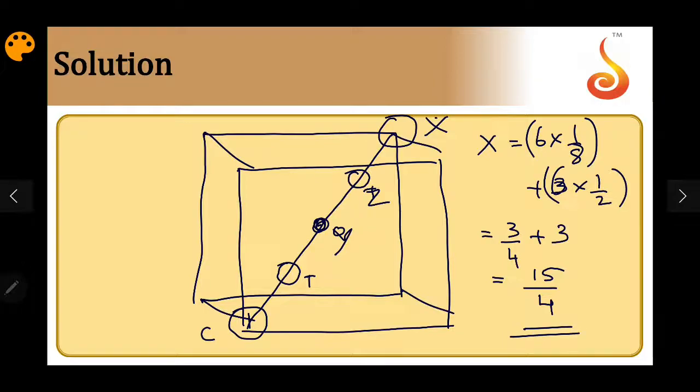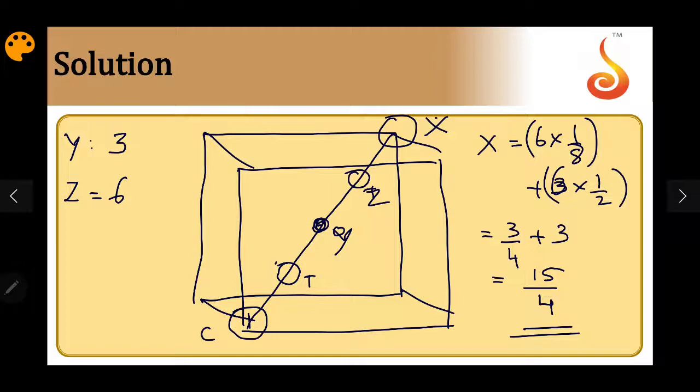X contribution is 15 by 4. If I take Y, out of 4 octahedral particles, one is completely in the body center and it is removed. So Y is 3. And Z, out of 8, 2 are removed, so Z will be 6.